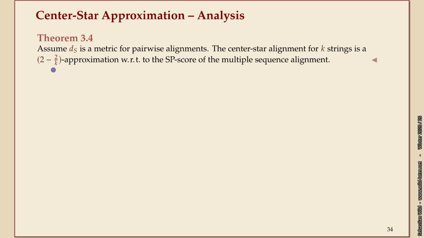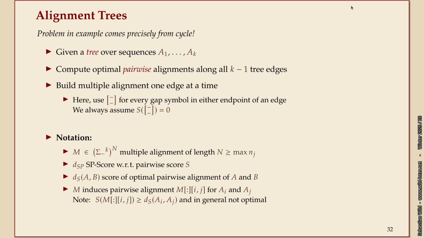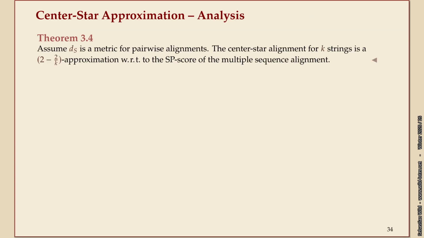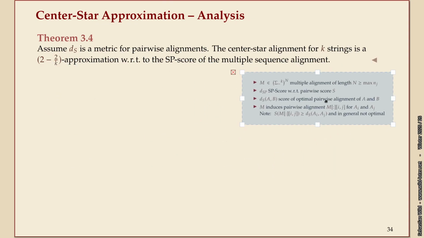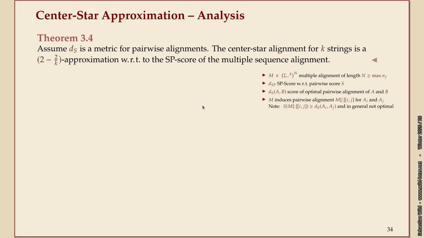Let me sketch at least how you get this. Probably good to keep the notation somewhere visible. There's one assumption here, and that's also kind of a hint for the proof if you want. We need our pairwise distance that we base this on to be a metric.